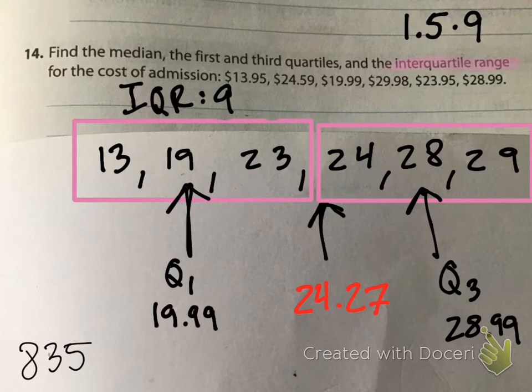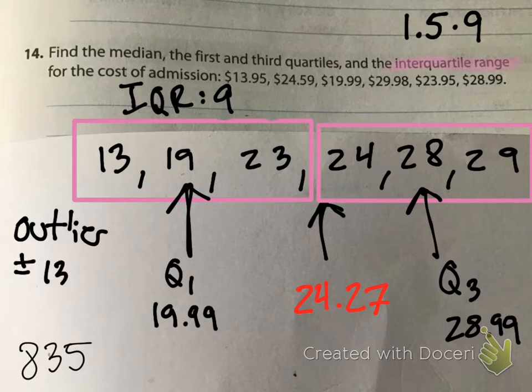So if we did this, 1.5 times 9 gives us 13.5. Let's check for any outliers. So our outlier has to be plus or minus 13.5 of the Q1/Q3.